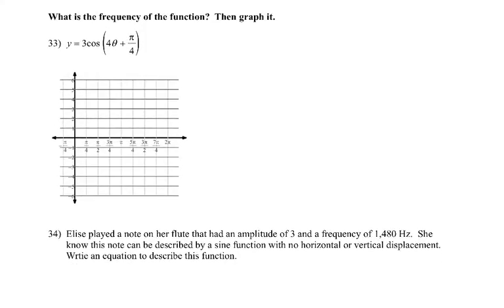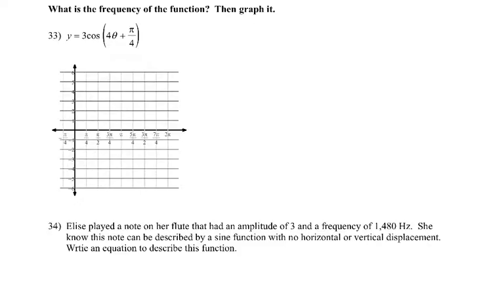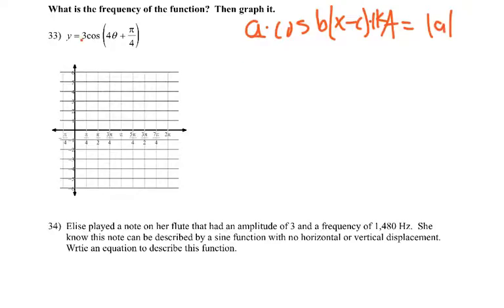Okay, so question 33, find the frequency of the function and graph it. Once again, we had some notes on this. Remember, it's a times the cosine of b times x minus c plus k. The amplitude is the absolute value of a, so our amplitude would be 3, which we'll need to graph it.